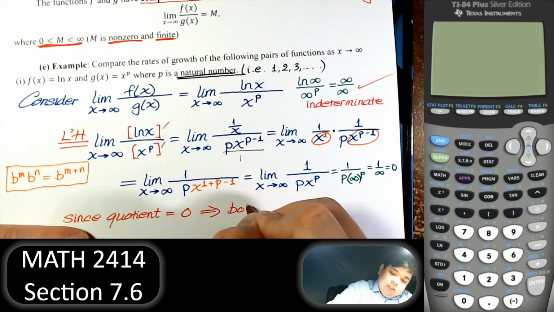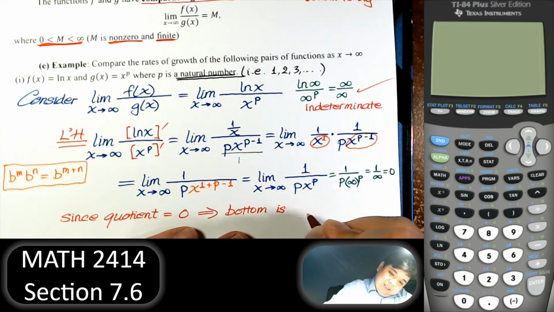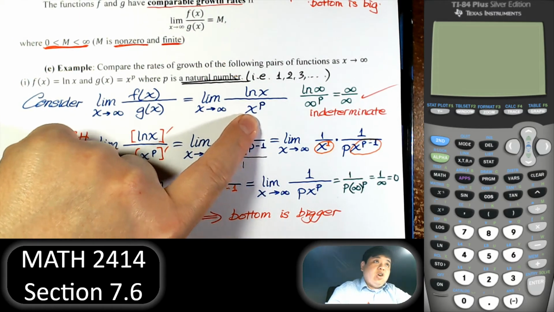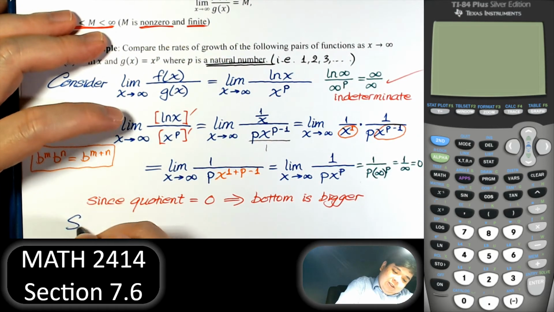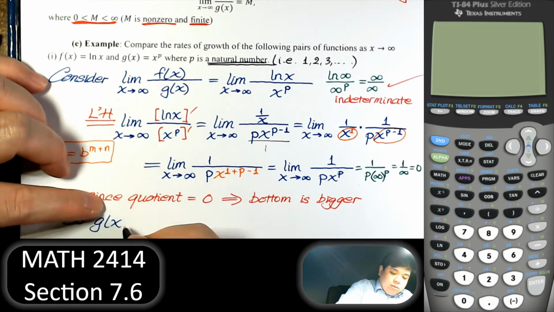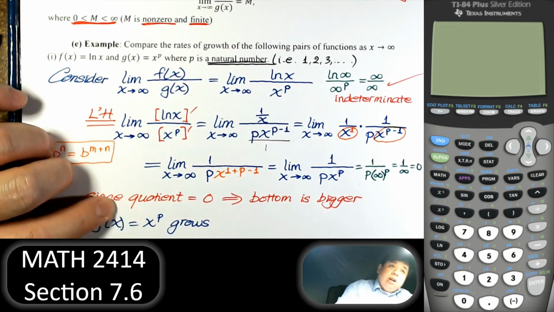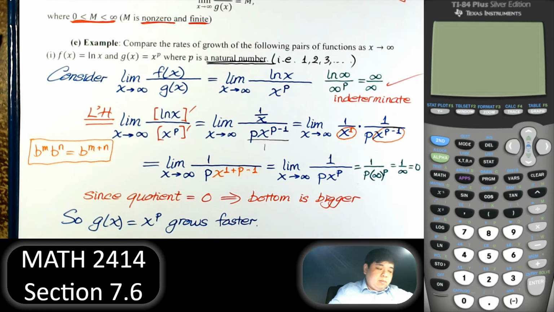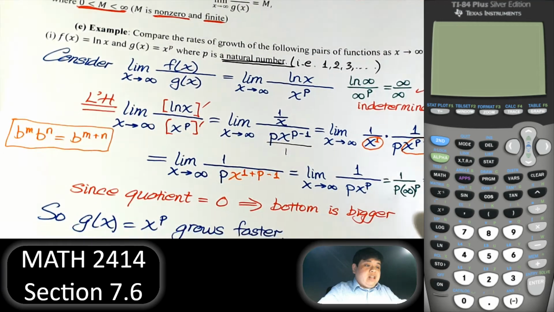So the bottom function, g of x in this problem, is faster or bigger. Our conclusion: the bottom function grows faster than the top function.